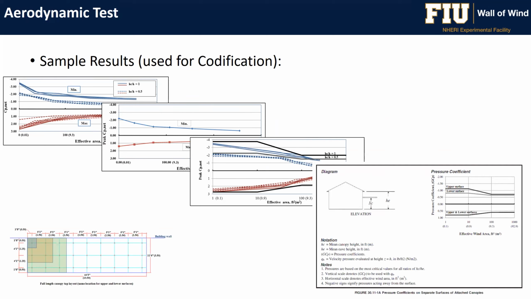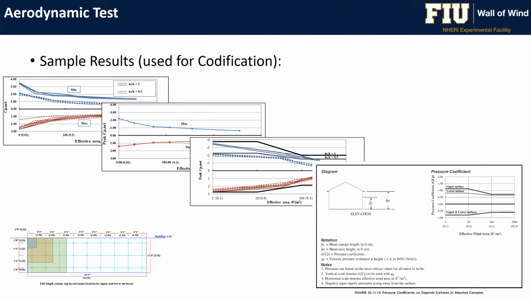This is the typical overview of the different steps that we follow in order to end up codifying the findings from a specific test. We have several hundreds of pressure taps, as I explained. We do some sort of area averaging, and you end up creating this ASCE 7 type of polylines, the envelope lines, as we call them.